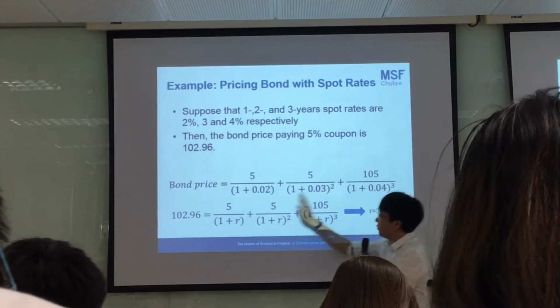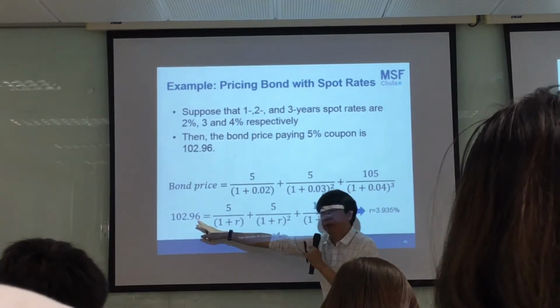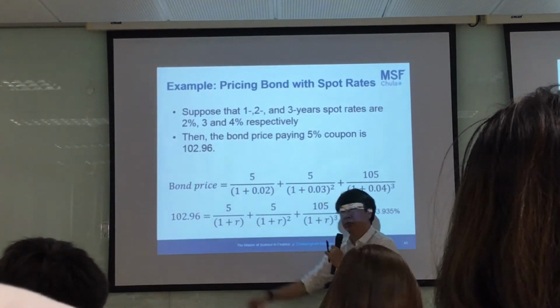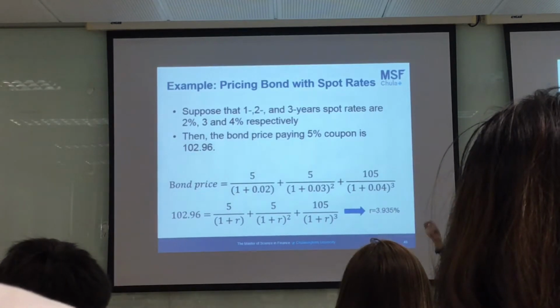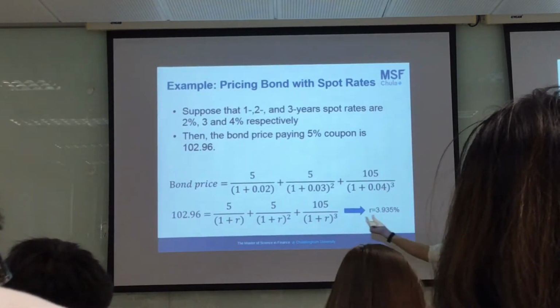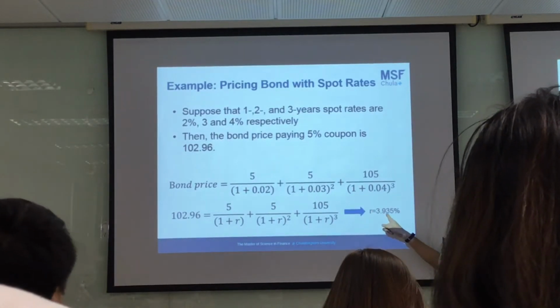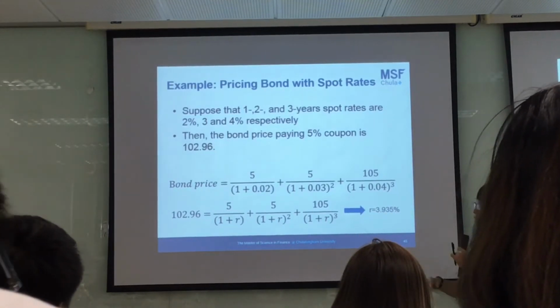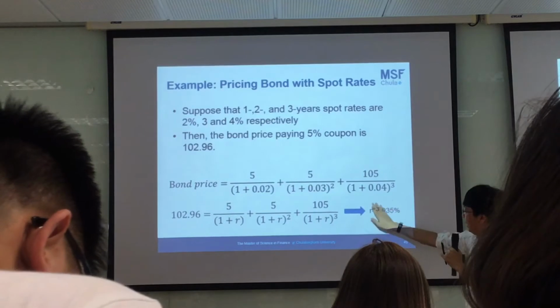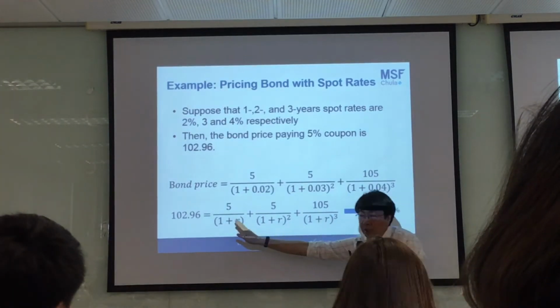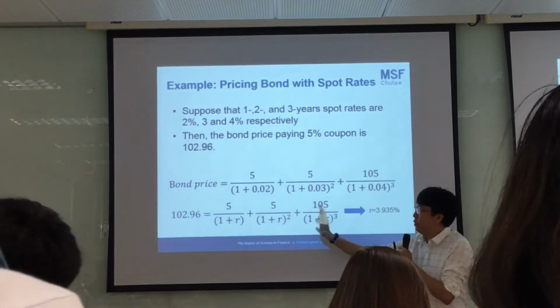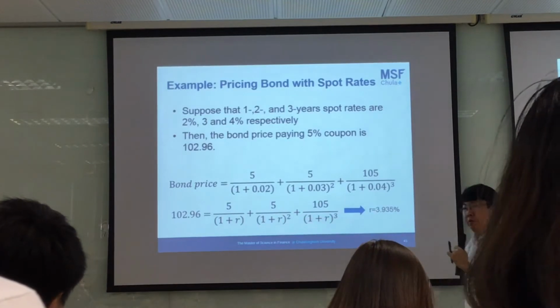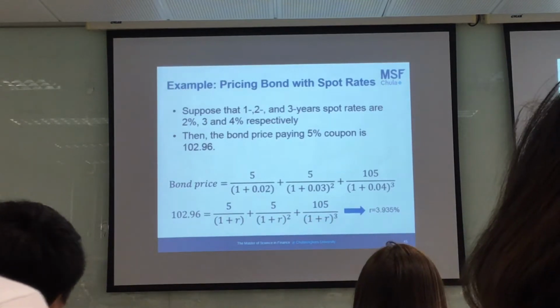So you get the bond price equal to 102.96. So on average, the yield of this bond is equal to 3.935%. If you plug this discount rate into all these cash flows, you get the same price of the bond.